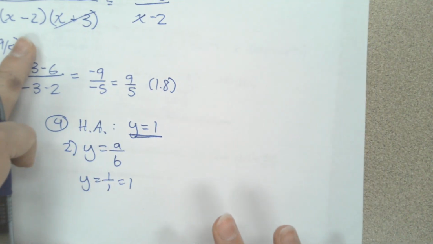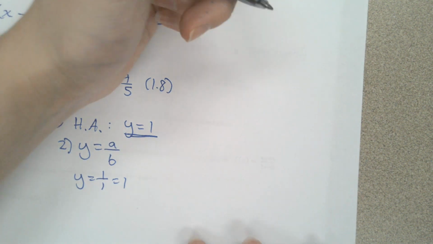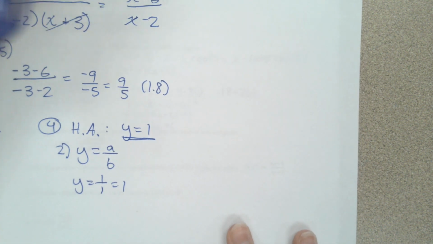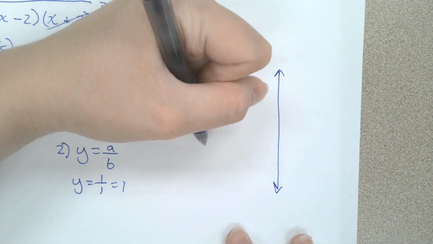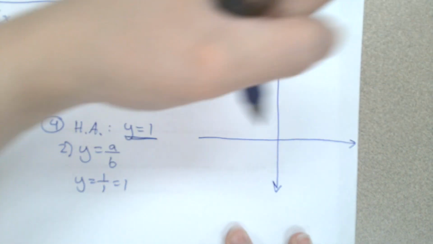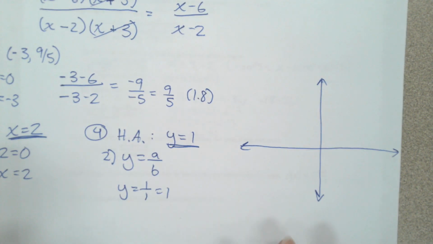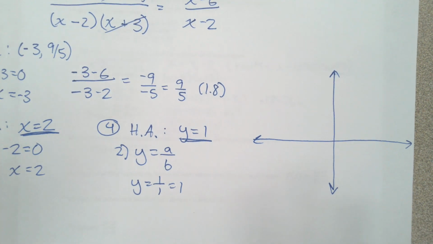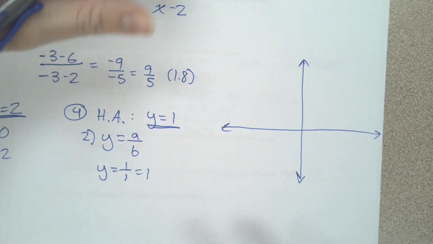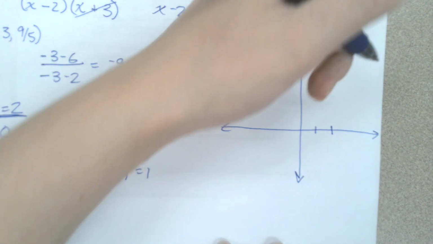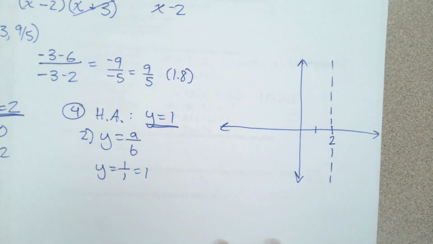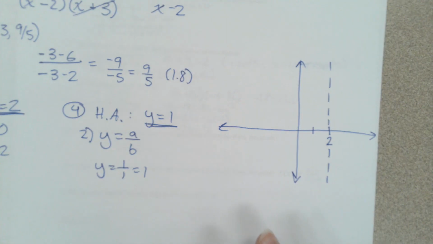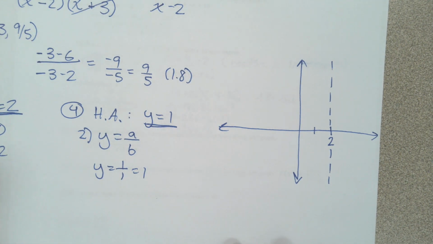So we don't have to go into a ton of detail here. So I'm going to start with my asymptotes. Let's do the asymptotes first. X equals 2. So positive 2. And then y equals 1.